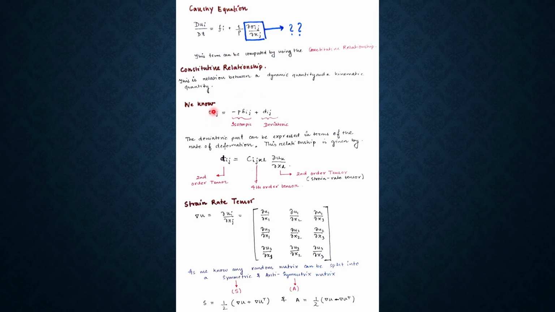Previously we have seen that sigma_ij equals minus p delta_ij plus d_ij, where the first is the isotropic component and the second is the deviatoric component. The deviatoric component can also be expressed as d_ij equals C_ijkl del u_k by del x_l. Here d_ij is the deviatoric part and is a second order tensor, this is the strain rate tensor, and this is the fourth order tensor C_ijkl, any fourth order tensor, and we will analyze it further.